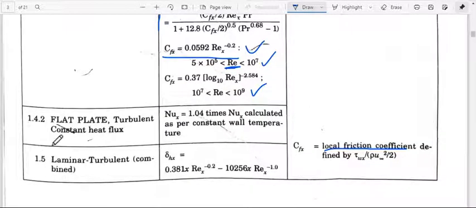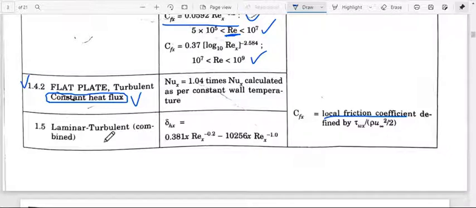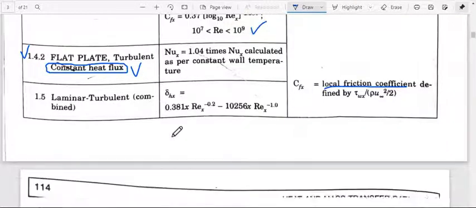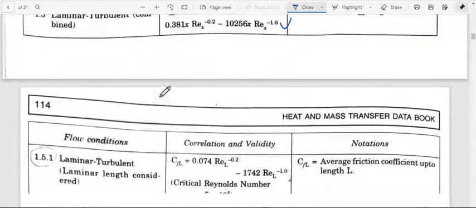So here, flat plate turbulent constant heat flux. In problems where heat flux is mentioned, we need to consider this formula. Next, laminar and turbulent combined flows. In some cases in our regular problems the flow is laminar and turbulent, a combination of both. That's why I'm considering this formula for calculating the hydrodynamic boundary condition.